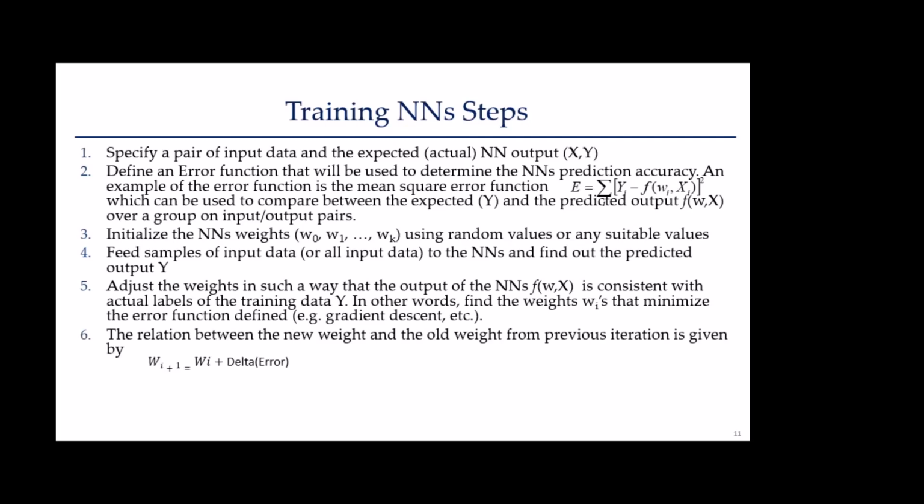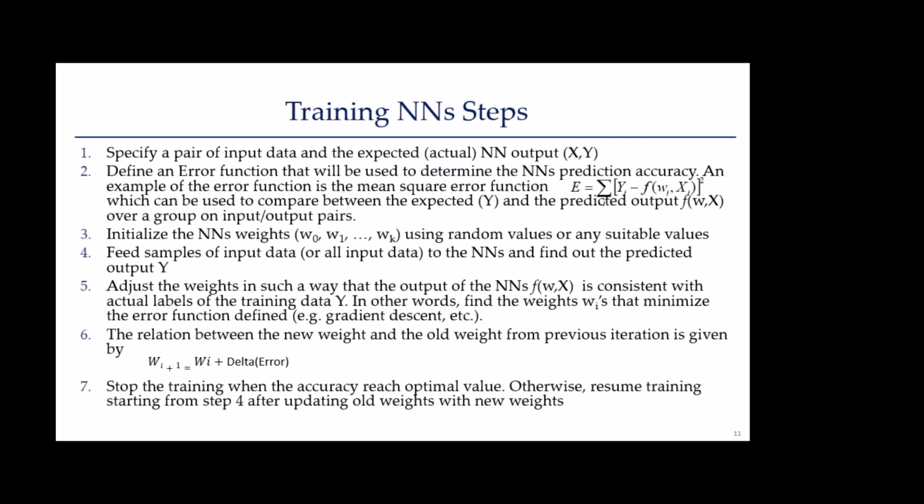And with each time the weights are adjusted, we loop back and repeat steps 4 to 6 until we reach a satisfactory value of the errors. At this stage, when we are happy with the outcome, we stop the training and we save the last best weights for deployment purposes.